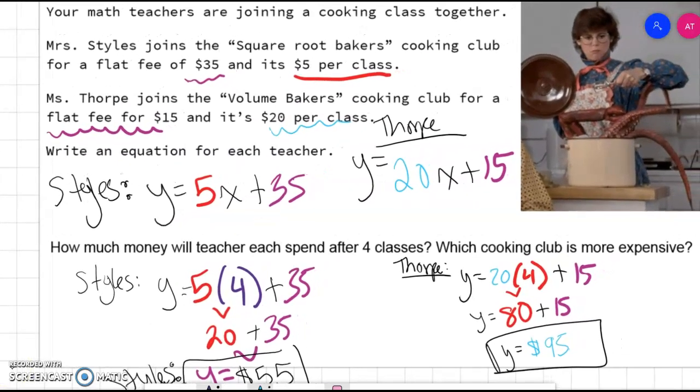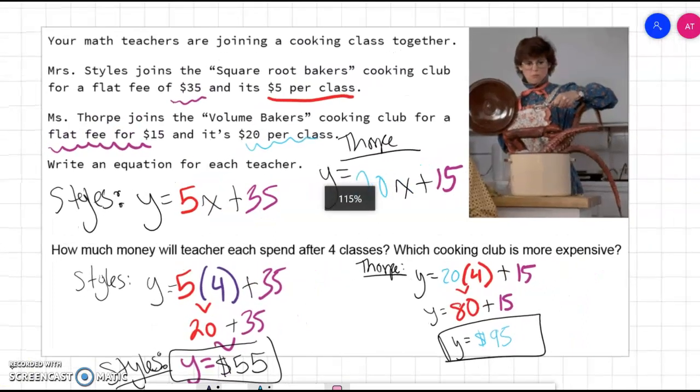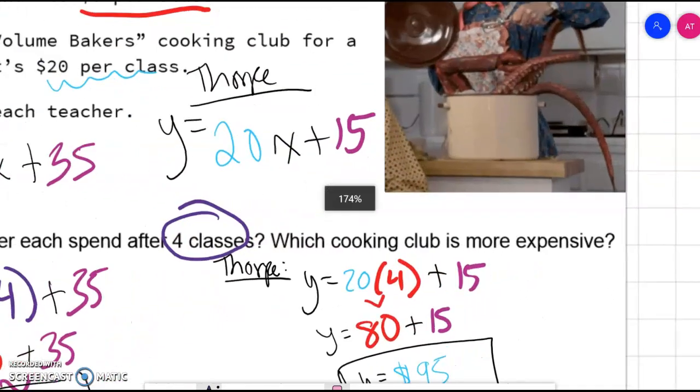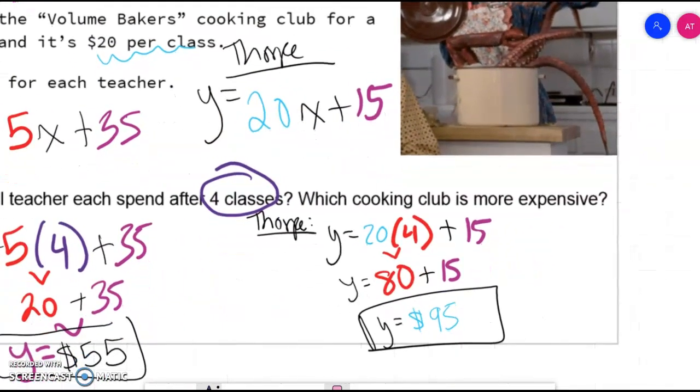All right. So for Miss Stiles, we plugged in 4 for x because it said we took 4 classes, and x is our number of classes. 5 times 4 is 20, plus 35, which is going to give me 55. Now looking at mine over here, I have $20 per class. I took 4 classes, so that's $80, plus my $15 initial fee.